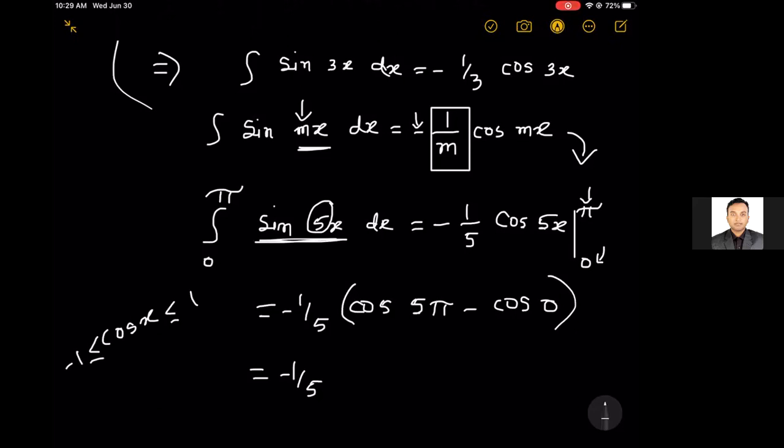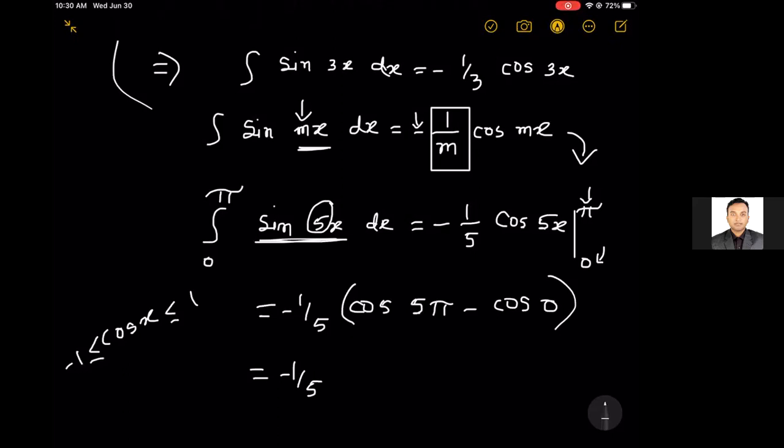Oh, I did it as 5 cosine of pi. Okay, yeah. 5 cosine of pi can be 5, that's for sure, but it's cosine 5 pi instead. Yeah. So you can use your calculator, or if you're confident enough that you know how to use the unit circle properly, then you can use the idea of the unit circle.